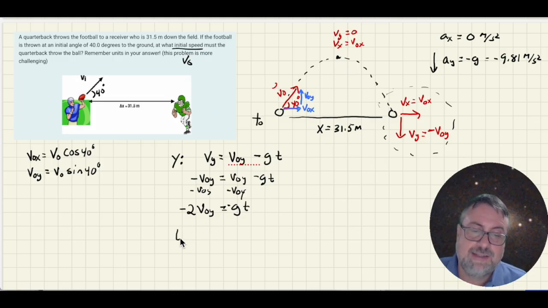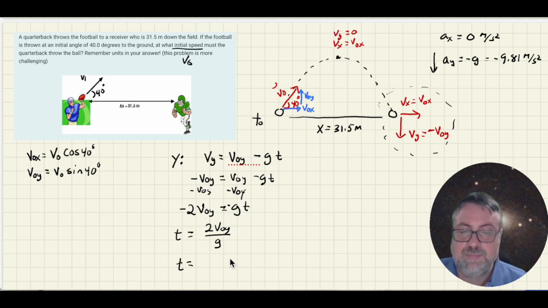Or I will get that the time t is equal to 2 V naught y over g, or that the time t would be equal to 2 times V naught sine of 40 degrees divided by g.